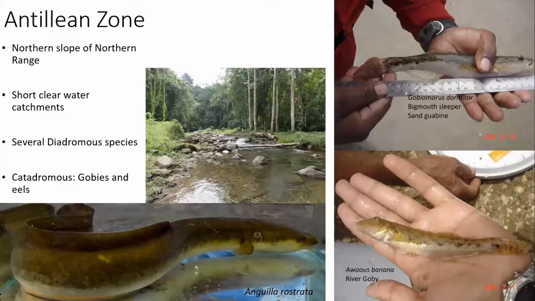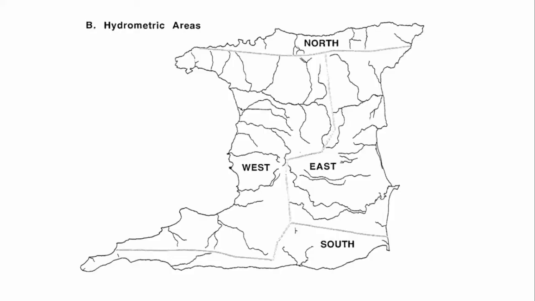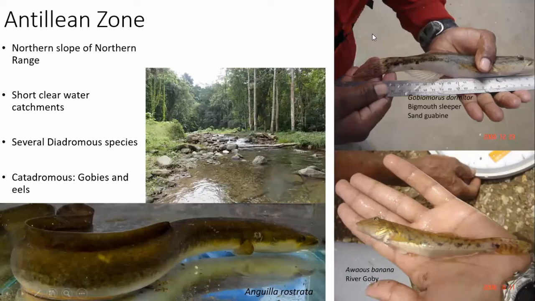Now, in the Antillean zone, and as we recall from our map, is the north region. The Antillean zone is characteristic of the northern slope of the northern range. These are usually smaller catchments and short clear water catchments. But here again, you get several diadromous species such as various gobies and eels.